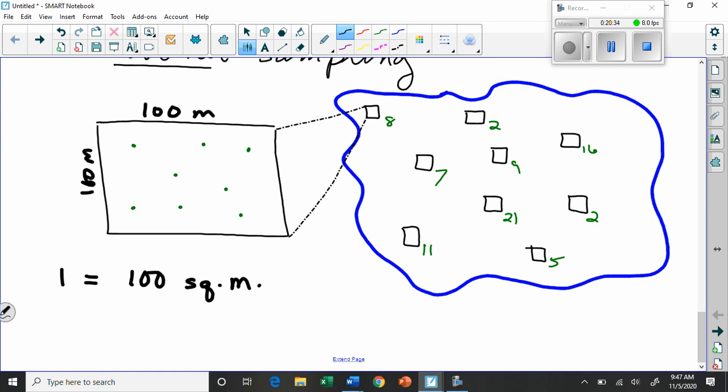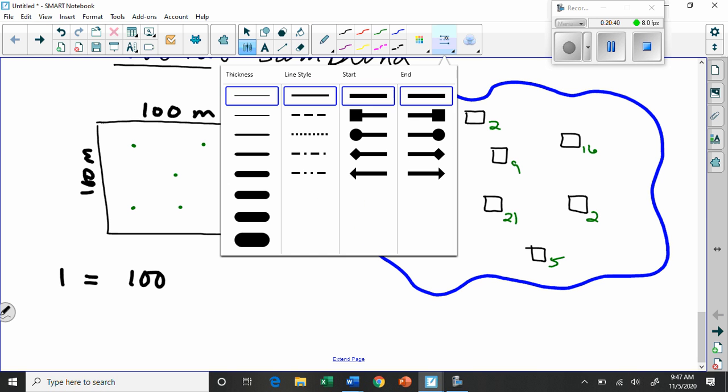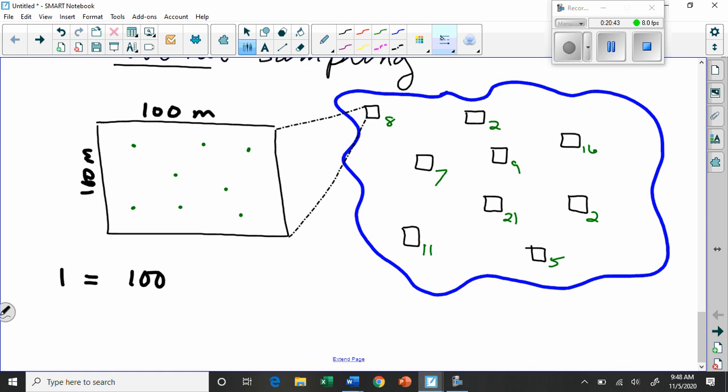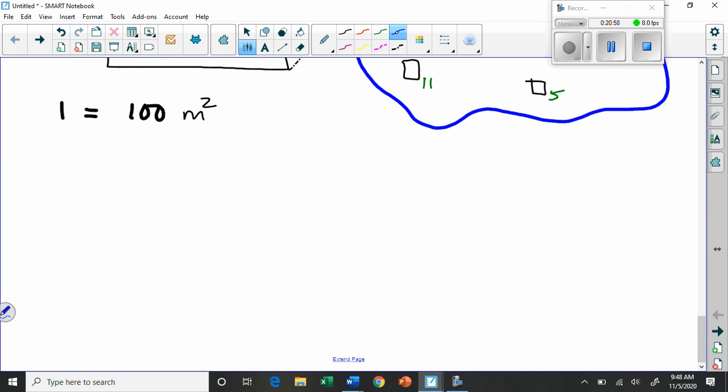Typically we would write that as meters squared like this, so I'll do it that way. 100 square meters. But this blue area is very large, right? It's very large. So your blue area might have an area of 250,000 square meters, let's just say.